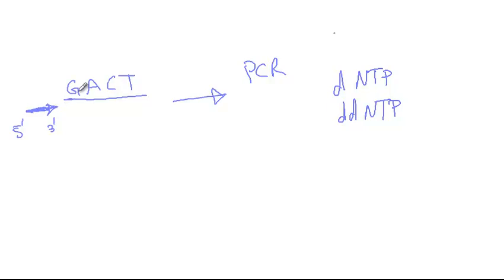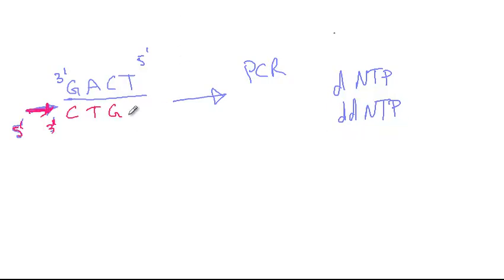Here we have the sequence 5' to 3', and our primer is in a 5' to 3' direction. One scenario is that the chain will be completely formed, so we get CTGA. But in another scenario, before this last nucleotide was added, one of these gets incorporated there.